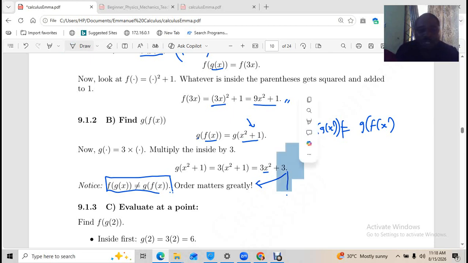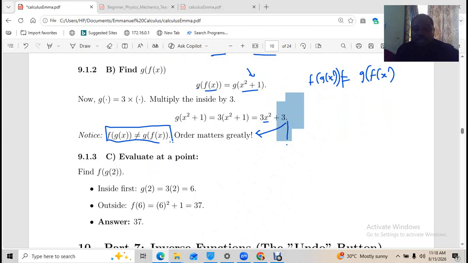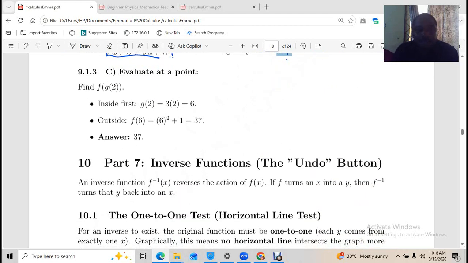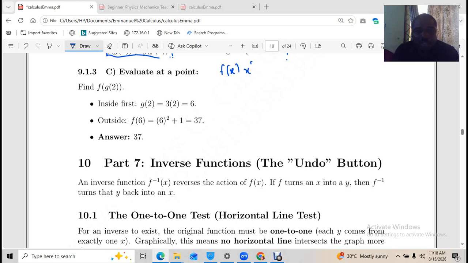Good. The next thing is that they can actually give you numbers, which is easier. Take f of g of 2. Remember your initial functions: f of x was x squared plus 1, while g of x was 3x.